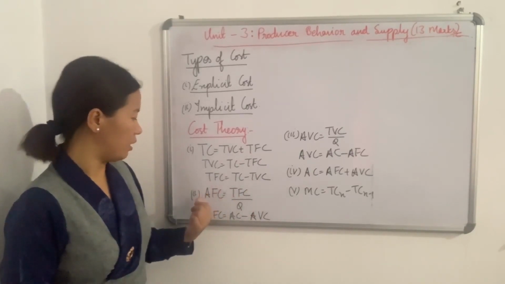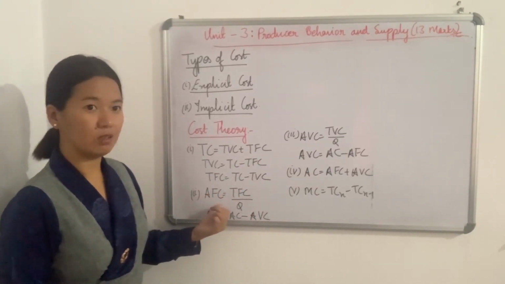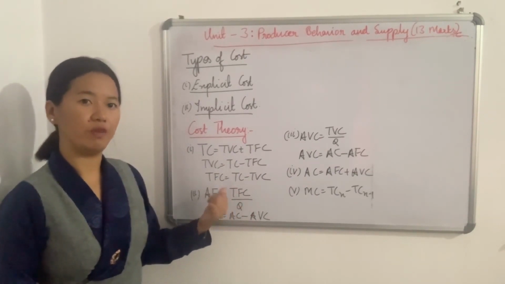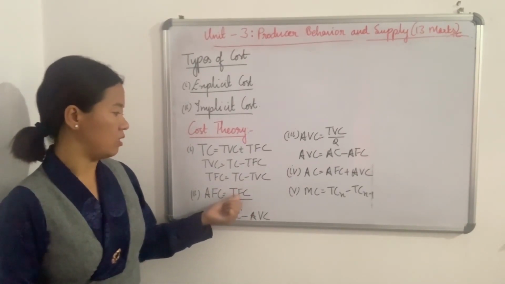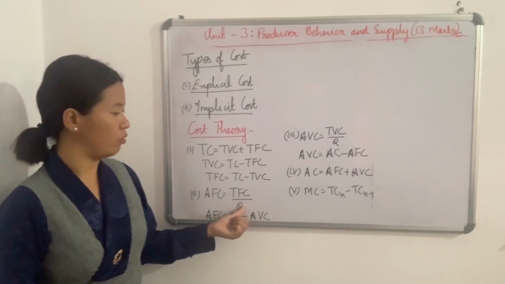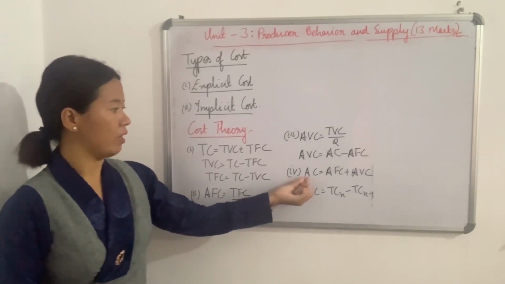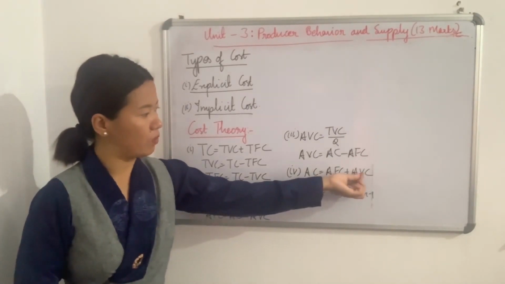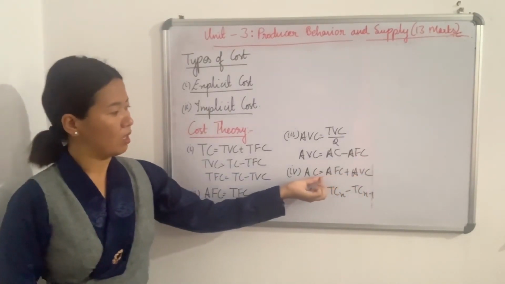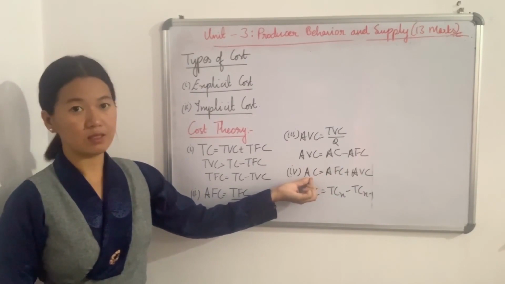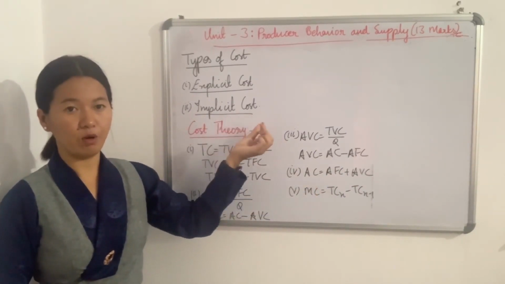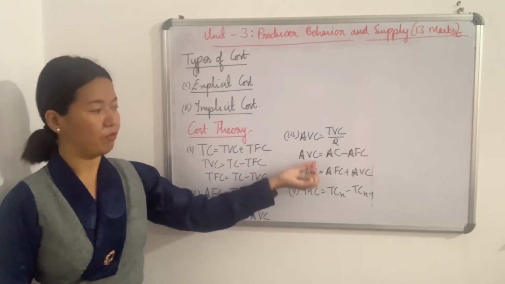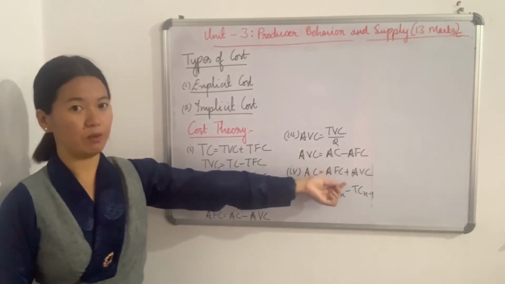Next is average fixed cost, that is per unit fixed cost of production, that is TFC upon Q. You can also find that average cost is equal to average fixed cost plus average variable cost. Since total cost is the sum of fixed cost and variable cost, in the same way, average cost is the sum of average fixed cost and average variable cost.